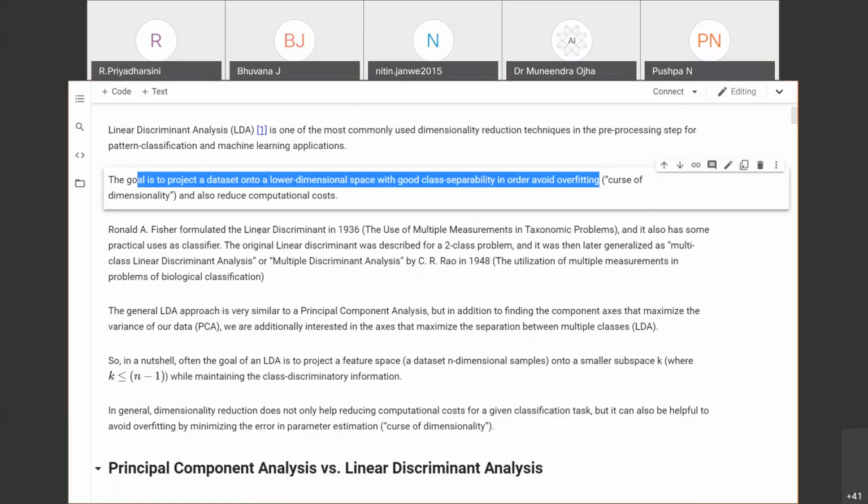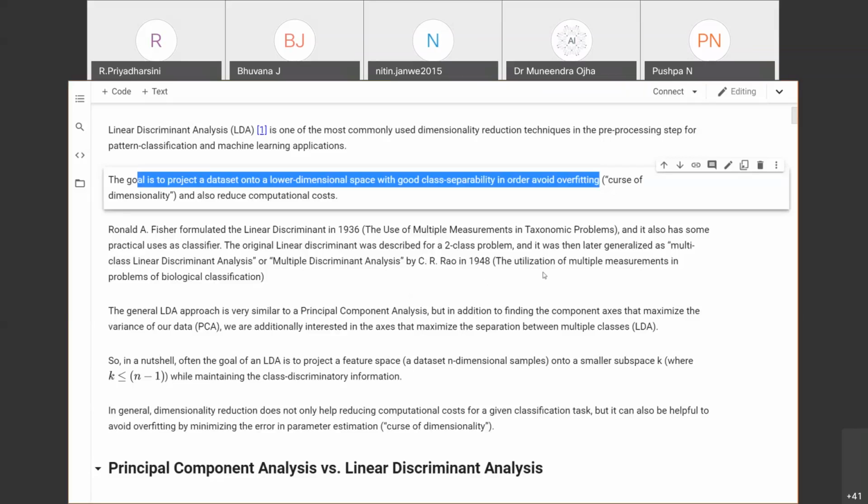Ronald Fisher formulated the linear discriminant in 1936, in the paper on the use of multiple measurements in taxonomic problems, and it also has some practical uses as a classifier. The original linear discriminant was described for a two-class problem, and it was later generalized as multi-class linear discriminant analysis or multiple discriminant analysis by C.R. Rao in 1948.